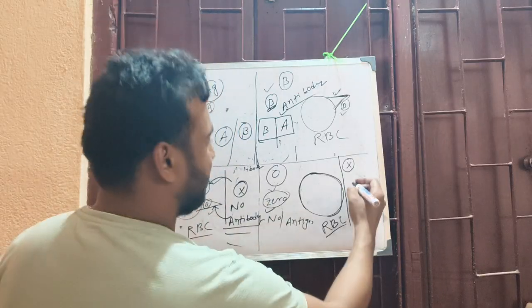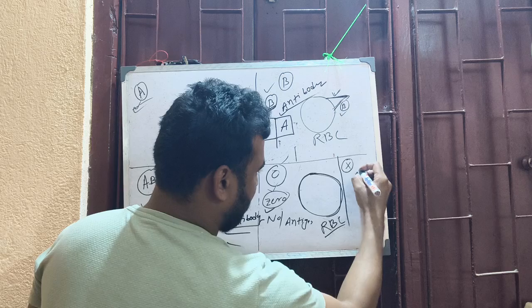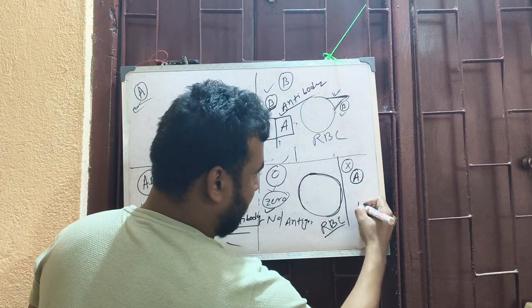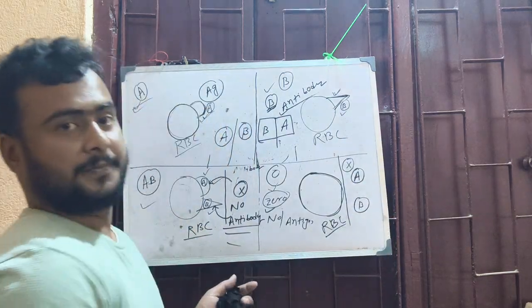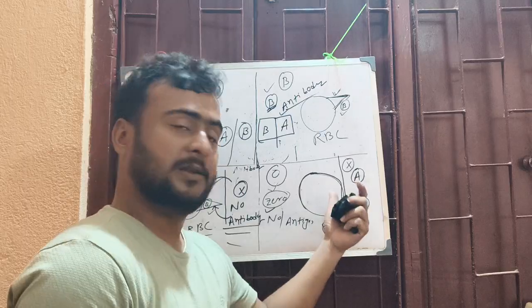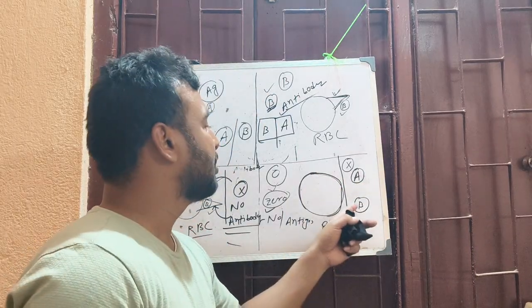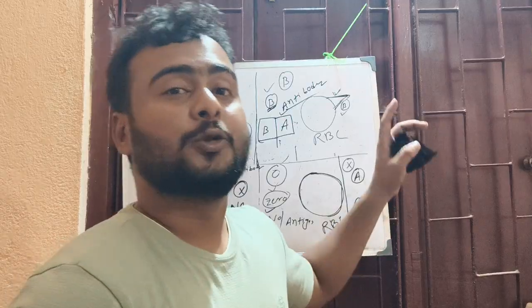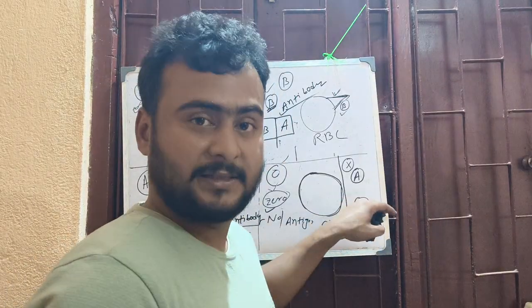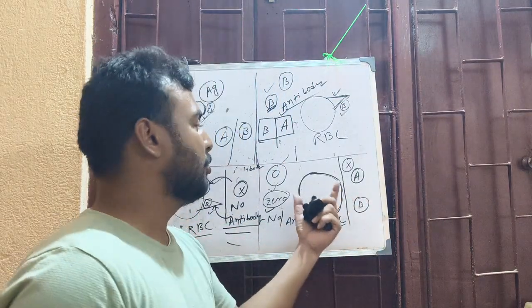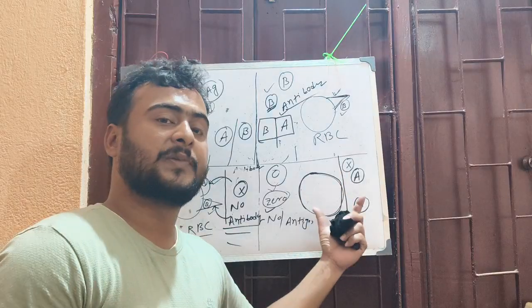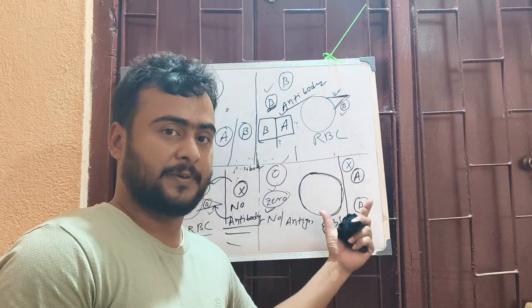Because if A and B antibodies are both there, there will be no reaction with the RBC since there is no antigen. In the case of the B also, there will be no reaction with the B antigen since there is no antigen present on the RBC surface, right?